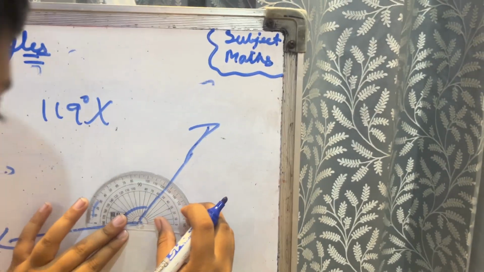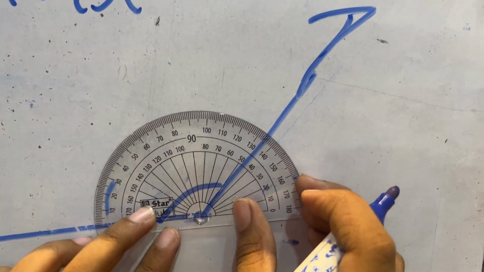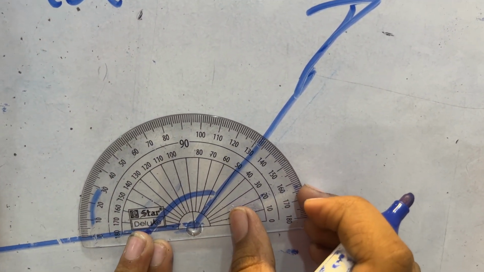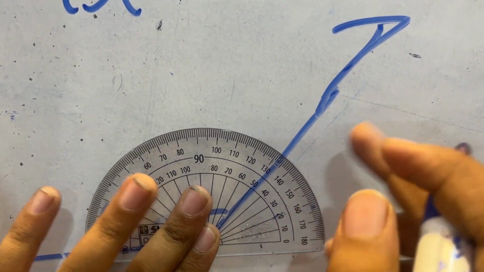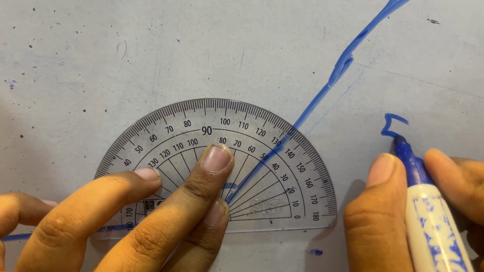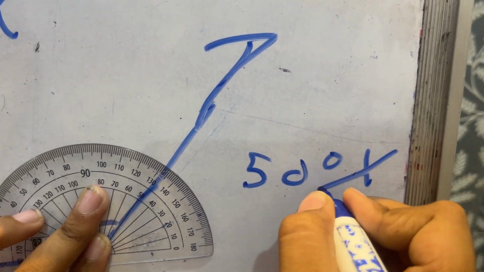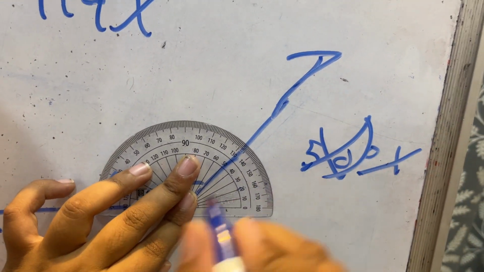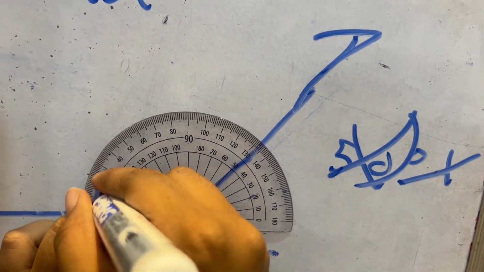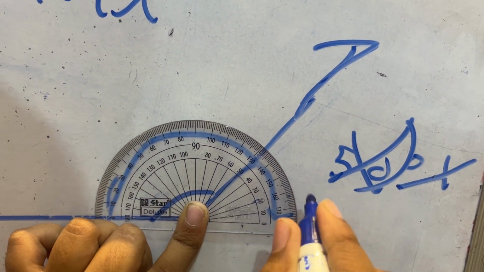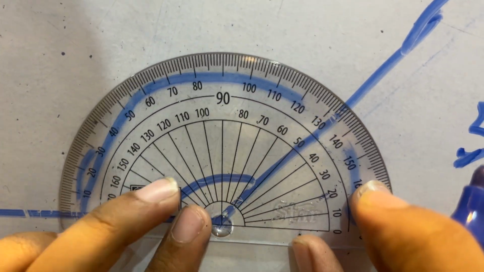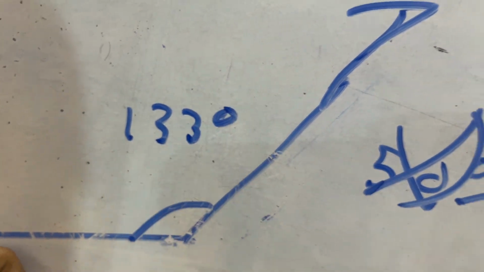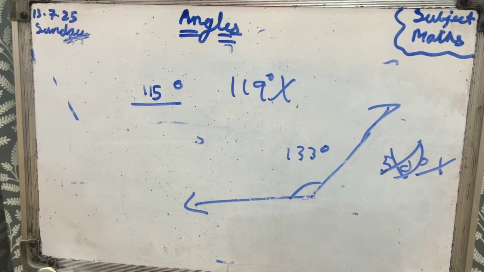You put the protractor here at exact 0 degree and measure all the way up to 50 degree. But 50 degree would be wrong. The correct way is, since we are doing here to here, it would be 133 degree. So it's a 133 degree angle.